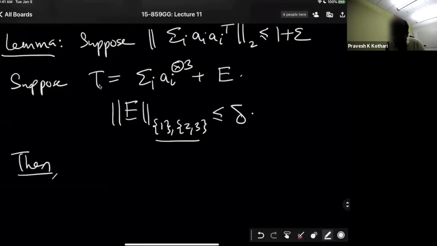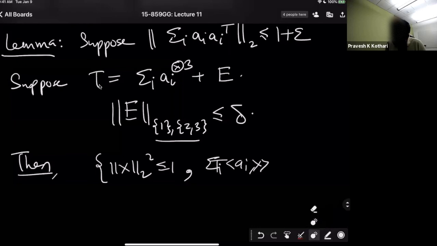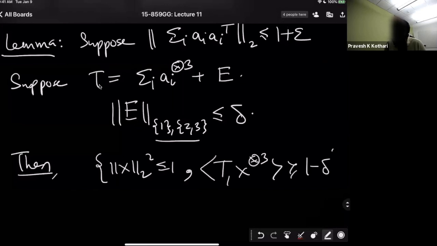Then my check is slightly different. I can't quite check that AIX, sorry. So remember, I only have as input the tensor T. So I'll check that T dot X tensor to the 3 is at least 1 minus delta.